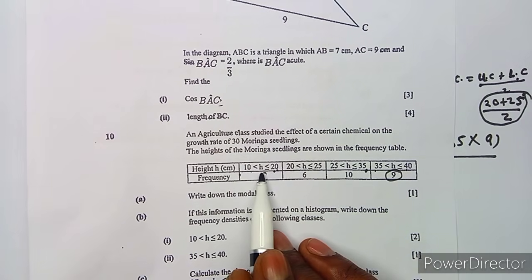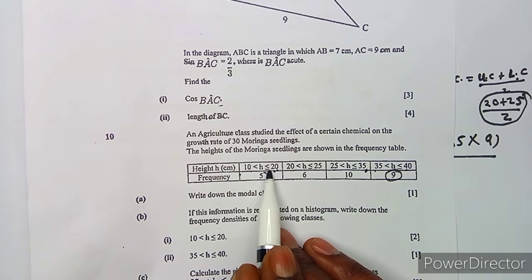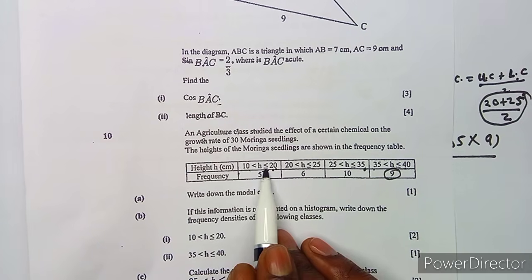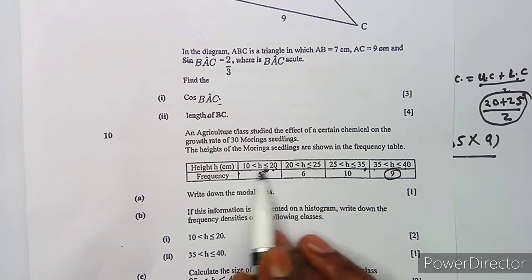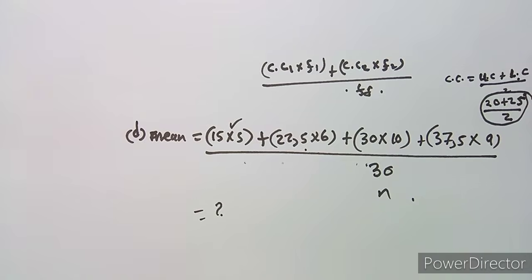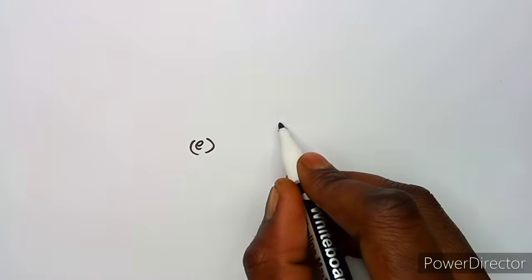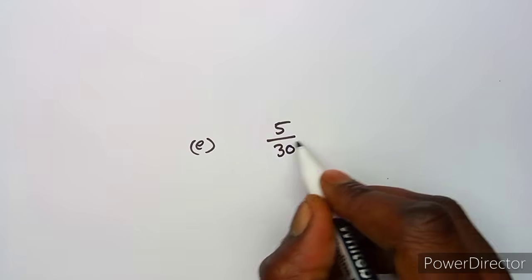So we have h less than or equal to 20, which means we're talking of this region, and how many elements are there? We have 5. So your probability is going to be 5 over the total, which is 30.